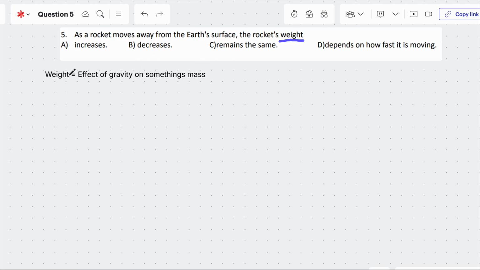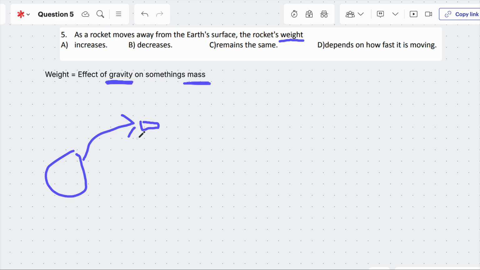So to change the weight of something, we either have to change the force of gravity acting on it or its mass. So if we think about this rocket moving away from Earth, it's going way out here, a little rocket ship. Beautiful drawing.